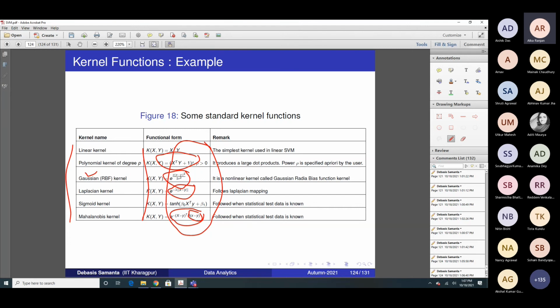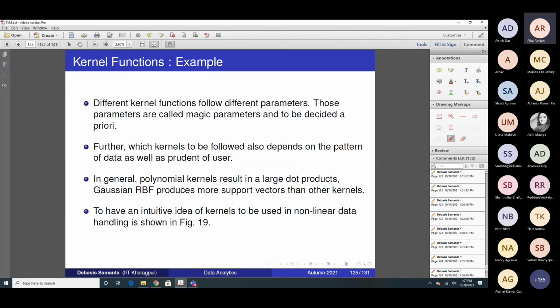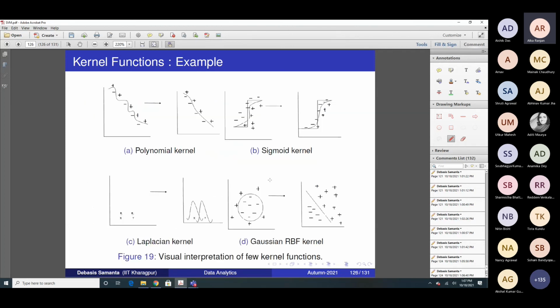I can take a value, test the result, and if I am happy with it, go ahead. If not, test with another value. Similarly, for which kernel to apply, try this one, then this one, and so on. So this is the concept of kernel functions, and a few kernels as you see.